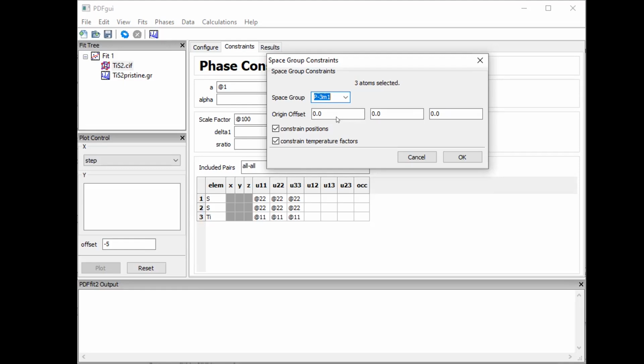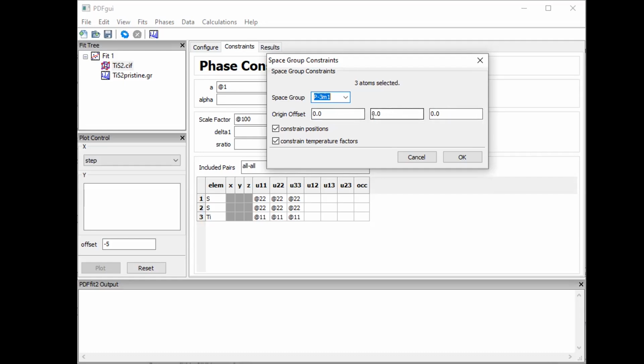Also, depending on how you define this structure, for some structures there are 2 sets of origins. Sometimes 000 is one set. Actually, there's also another shift, like a quarter and a quarter. That's a different set of origin, which is sometimes also used depending on your motivation.